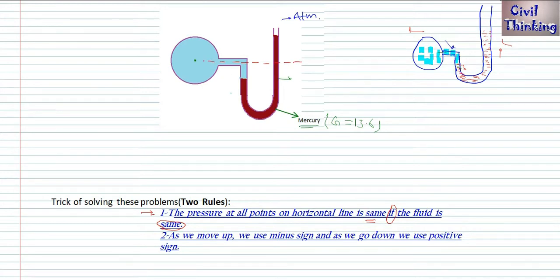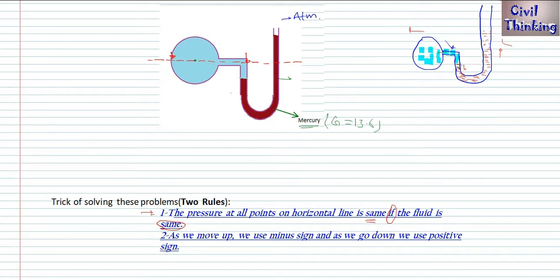This is not a horizontal line, but please assume it to be a horizontal line. Now see, here is same fluid, here is same fluid, here is same fluid up to this point. So the pressure from all these points, from here up to here, is same.